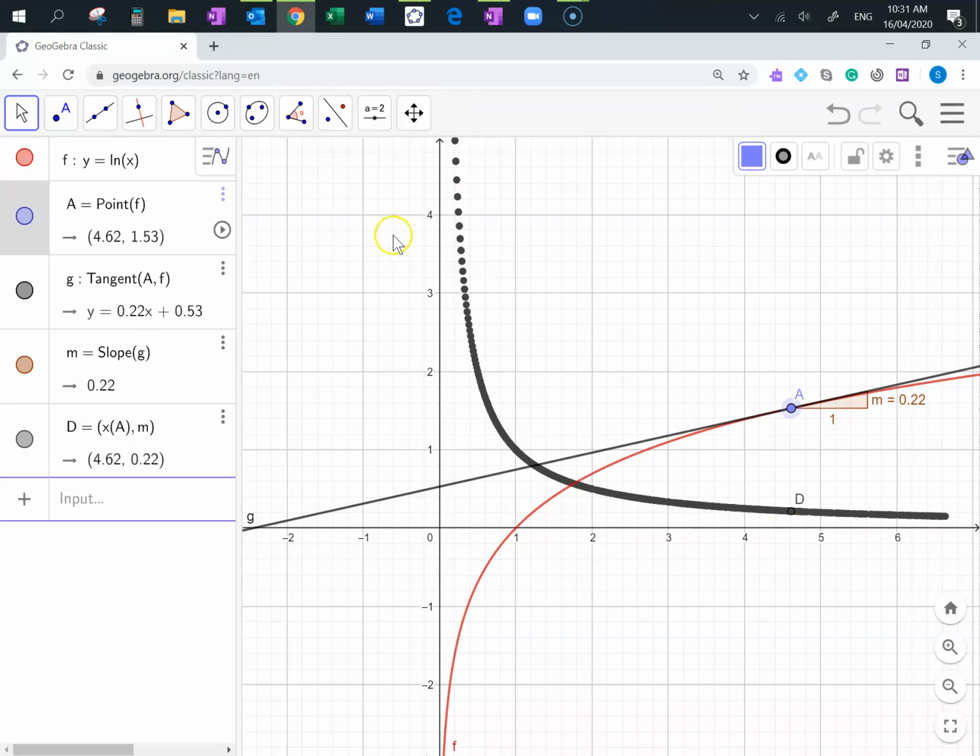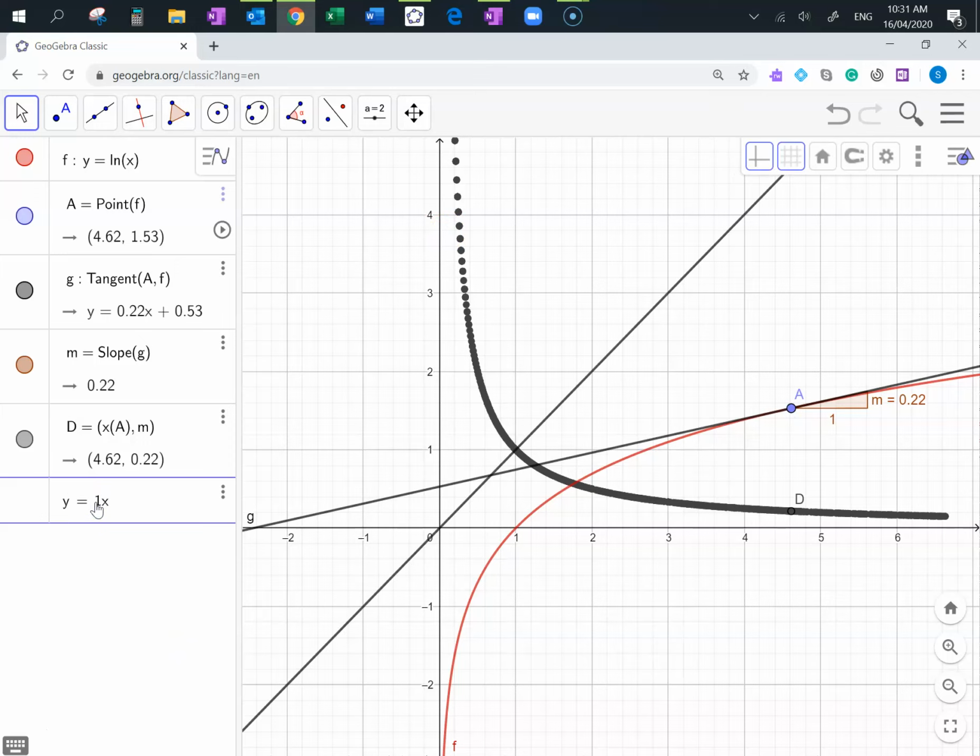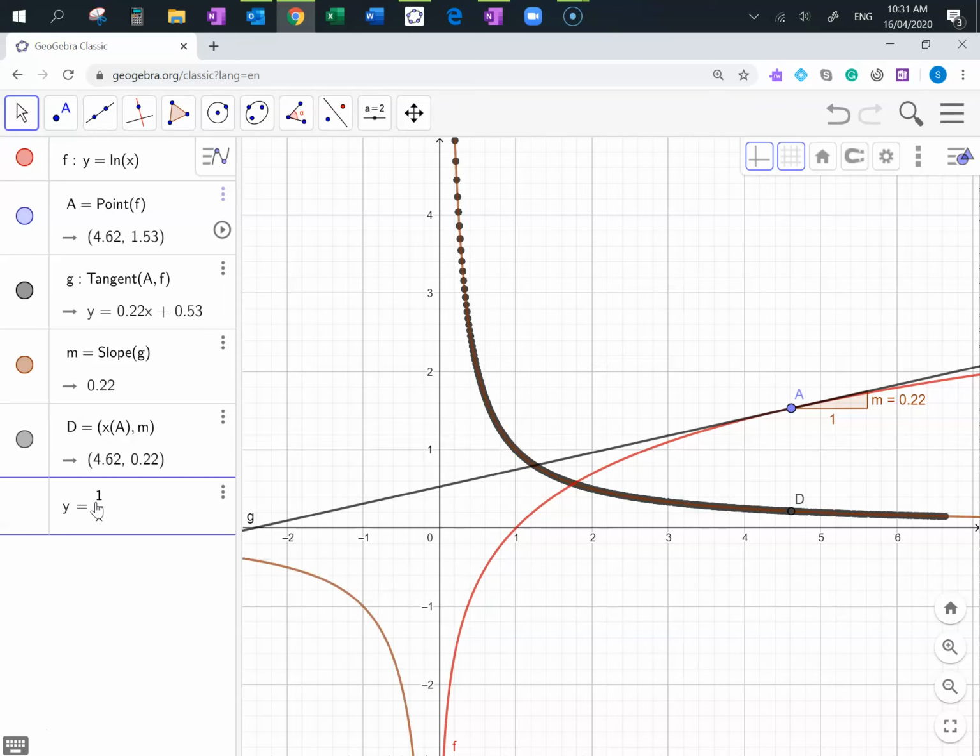Well, you hopefully will recognize this curve as something you did back in fifth form, and that's a hyperbola. So in other words, y is equal to, let's just start off with 1 over x. No, that's 1x. 1 over x. And although we don't get the bottom part of the hyperbola over here, we certainly have picked up the hyperbola in the first quadrant.